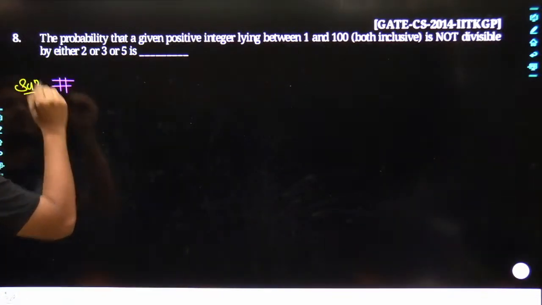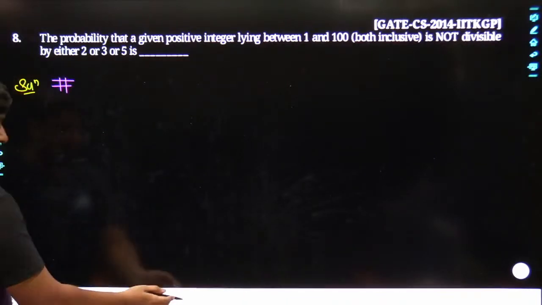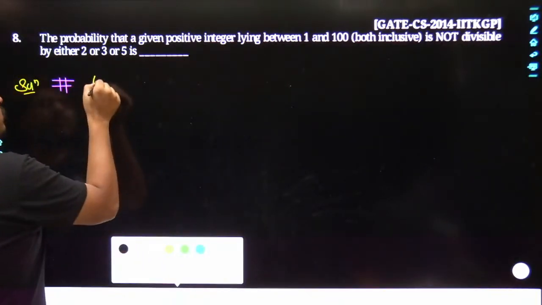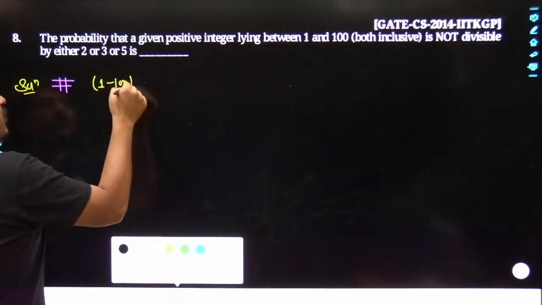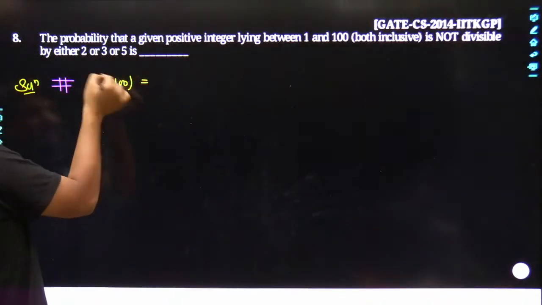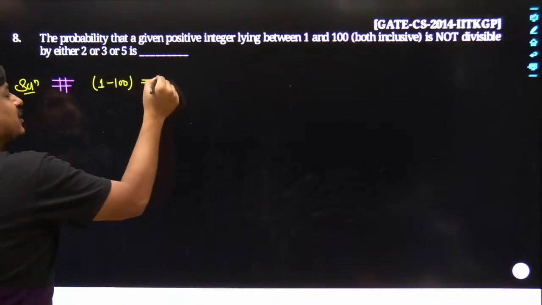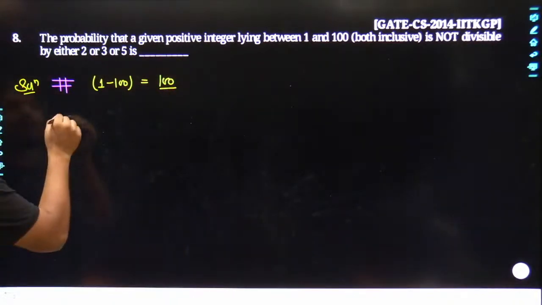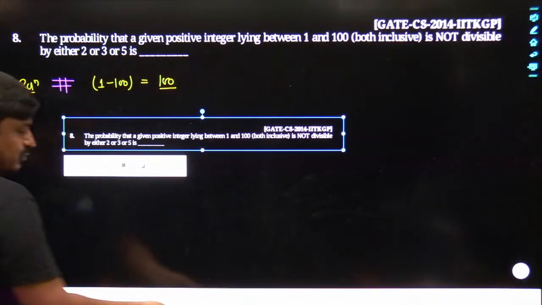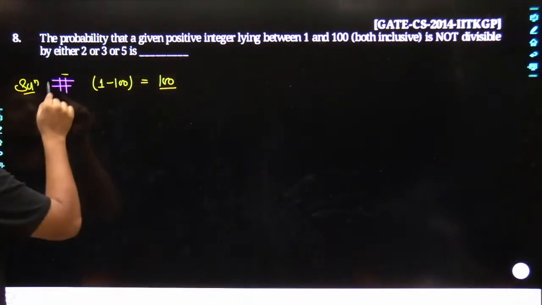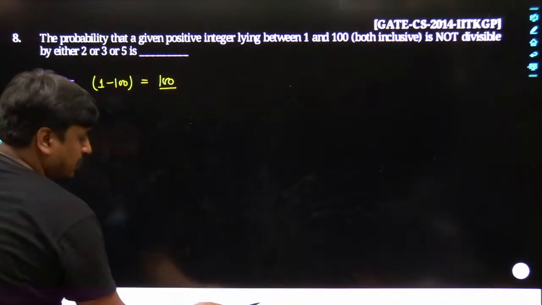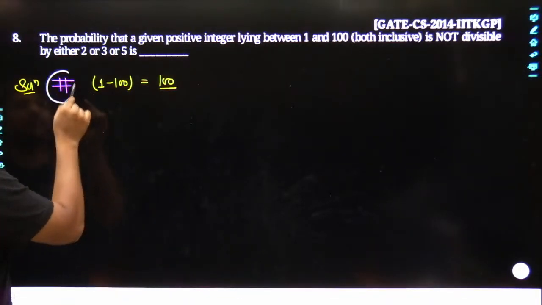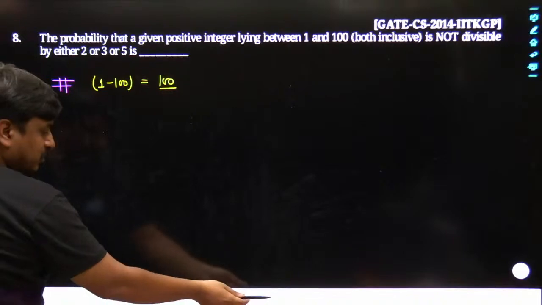First focus on the divisibility by 2. For the numbers from 1 to 100, how many total integers do we have? That is 100 minus 1 plus 1, which is 100 numbers. Out of 100 numbers, how many are divisible by 2? Obviously precisely 50, because 50 numbers would be odd and 50 numbers would be even.